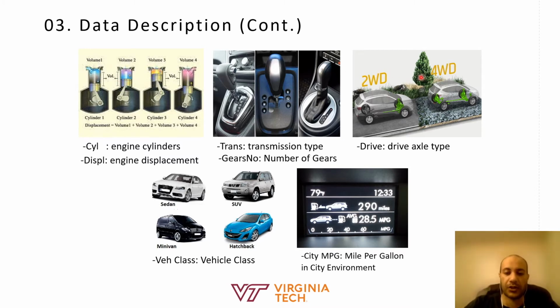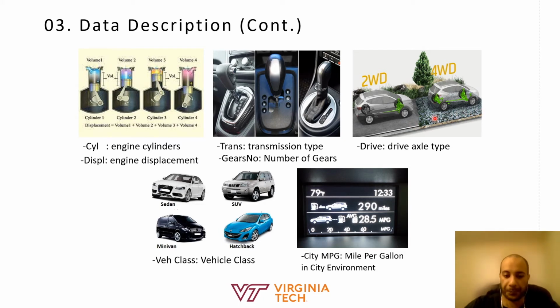On the third picture here, we have the drive. The drive is short for the drive axle type. Some cars have 2WD, short for two-wheel drive, and others have 4WD, short for four-wheel drive. Basically, for two-wheel drive, the engine is rotating only two wheels in a car, while in 4WD, the engine is rotating 4 wheels.